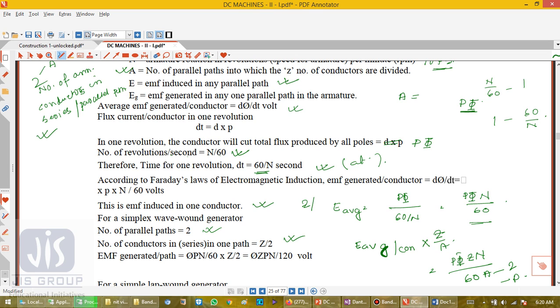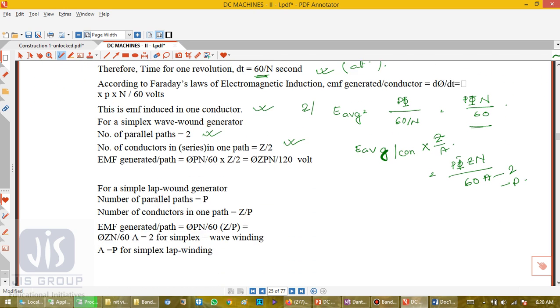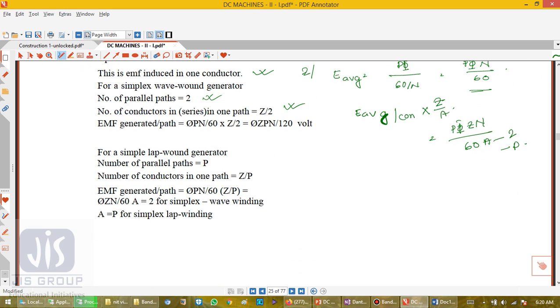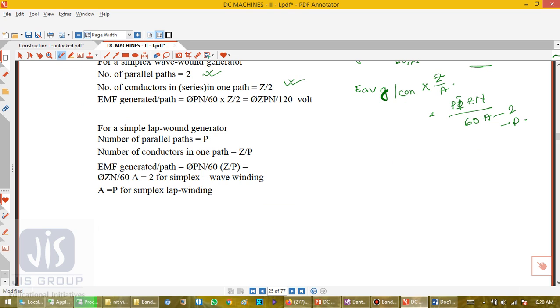This is my final equation, the EMF equation: E equals P phi Z n by 60A.